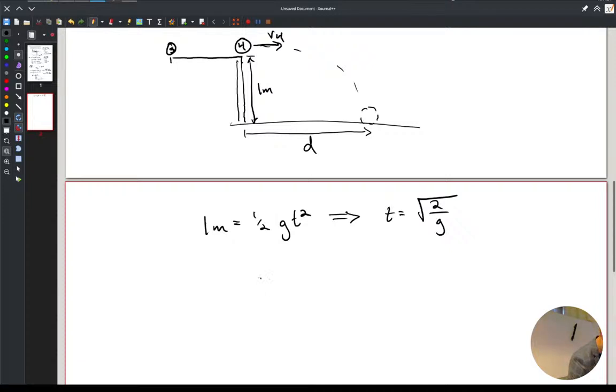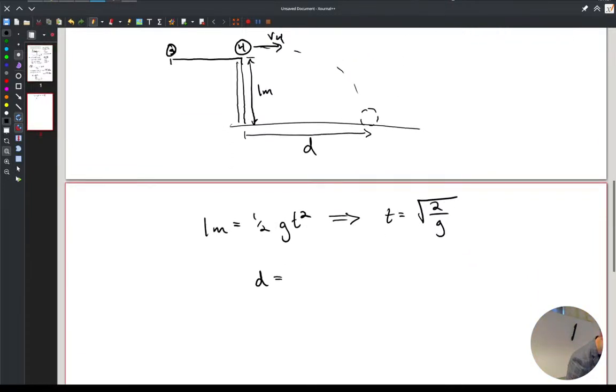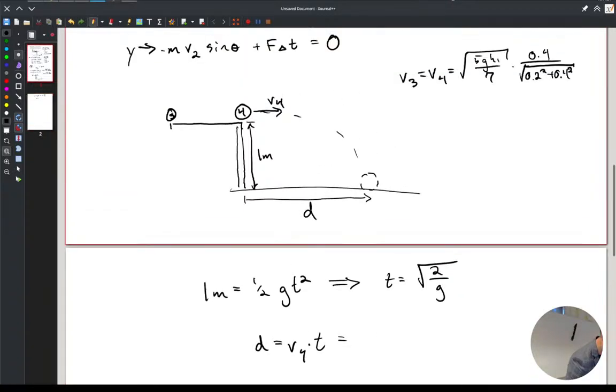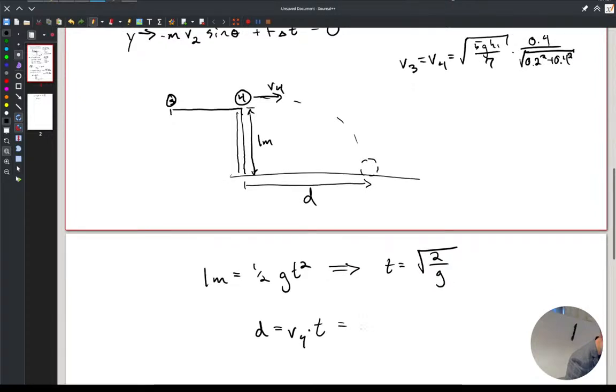So then d, total distance d, is my v4 times t. I'm doing all these variables. More fun to plug in the numbers, but again, just being fancy.